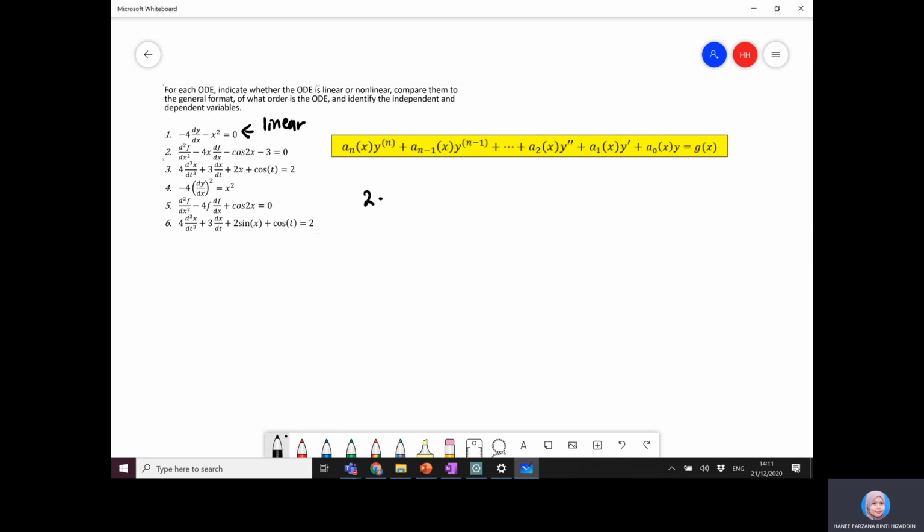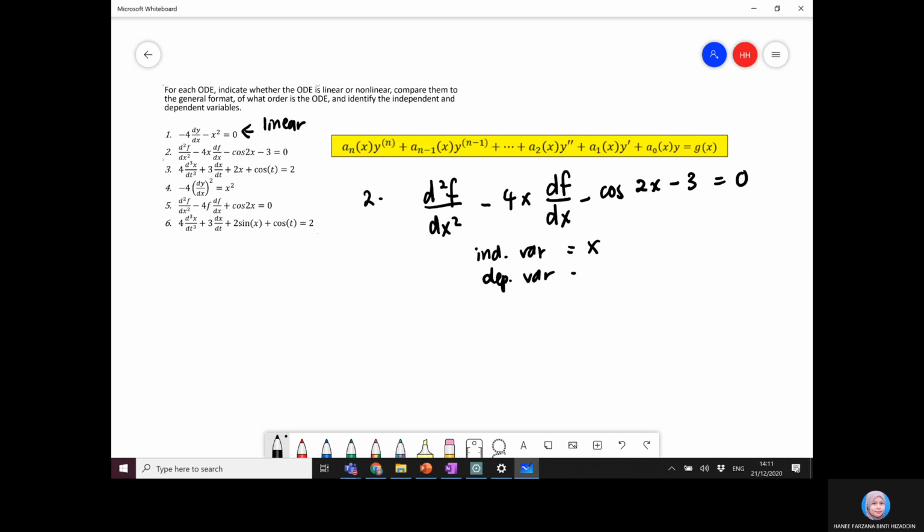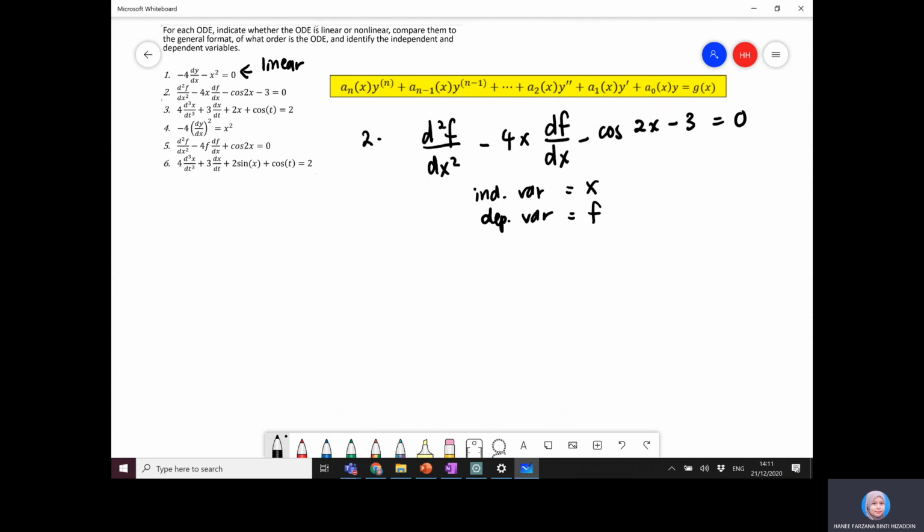Number 2 is d2f dx squared minus 4x df dx minus cos 2x minus 3 equals to 0. So here your independent variable is x and your dependent variable is f. So you want to write down the standard form in terms of the dependent and independent variable.